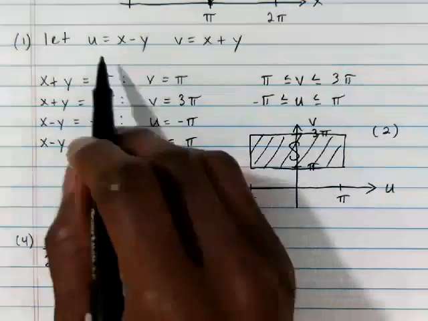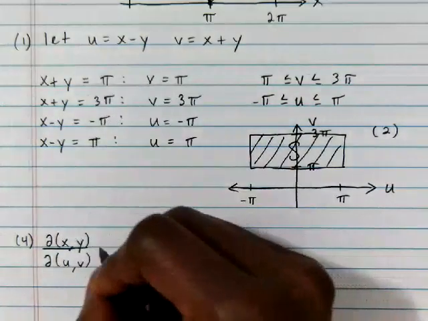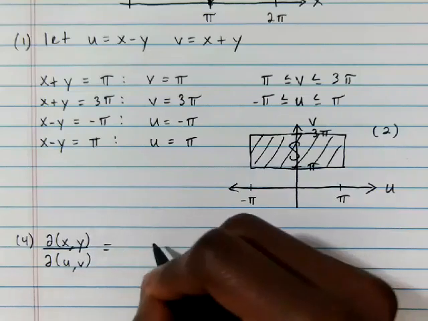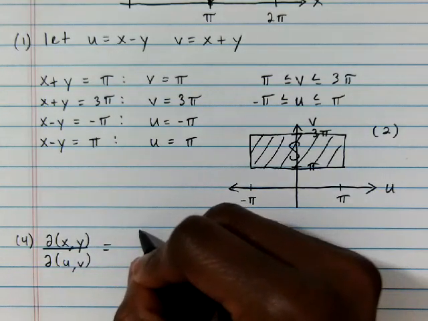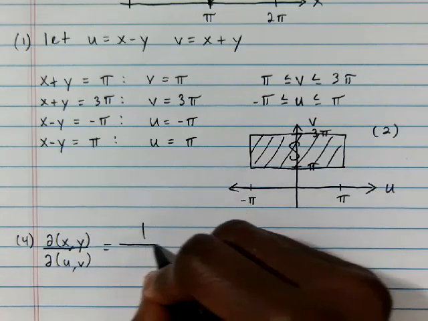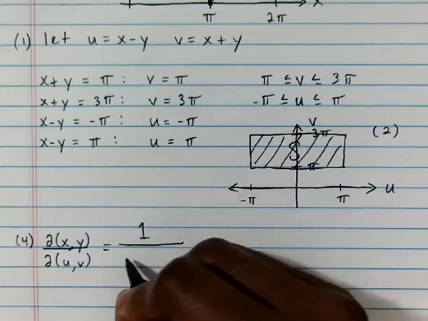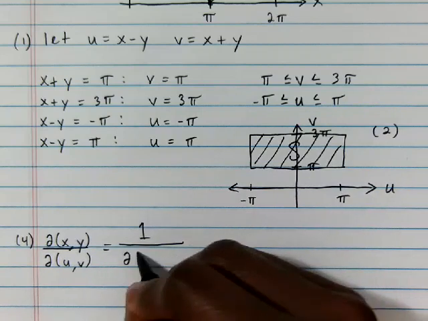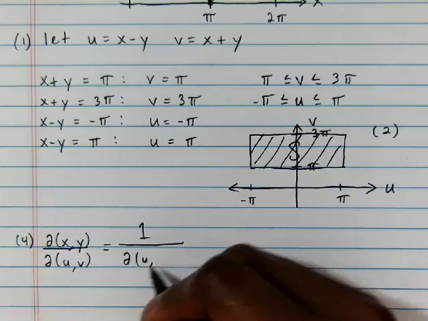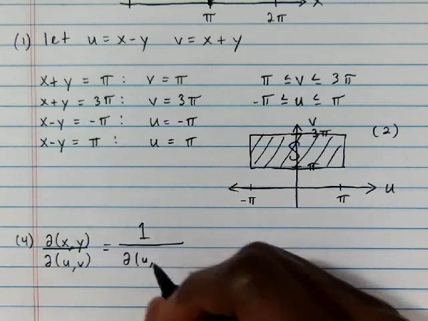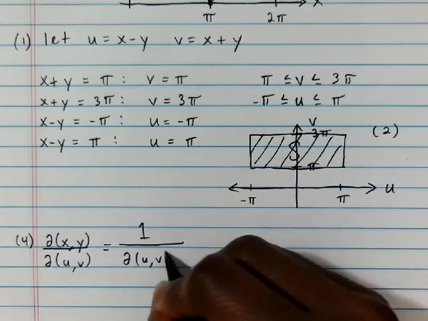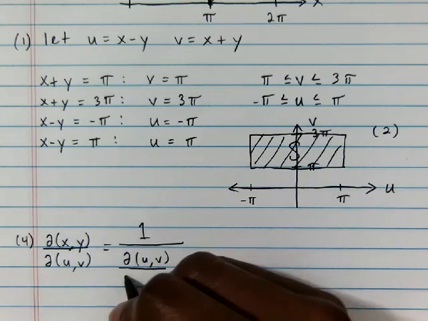But if you already have u and v, there's another formulation you can use, which is that the Jacobian is 1 divided by the following. This is the Jacobian J of uv. The denominator that I'm putting down here is J of xy.